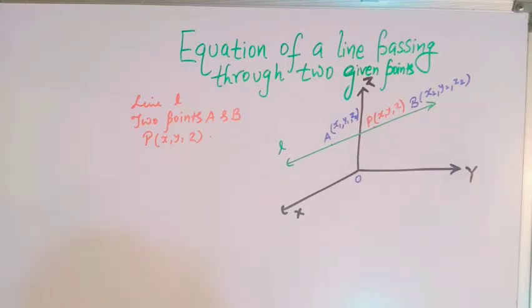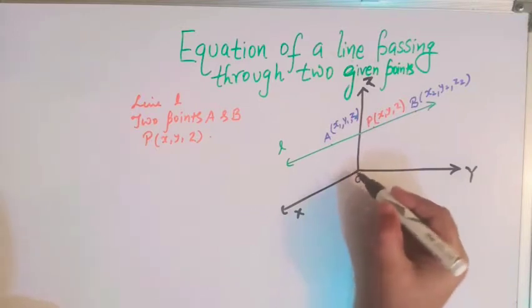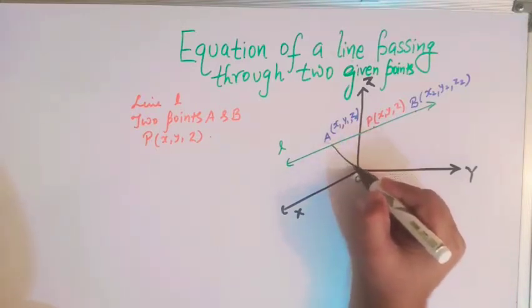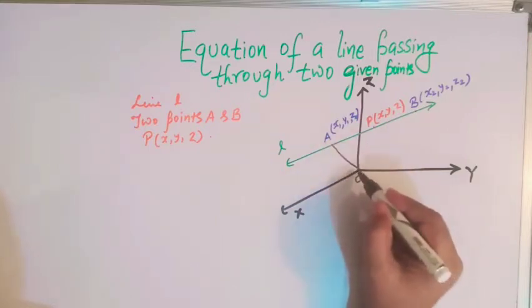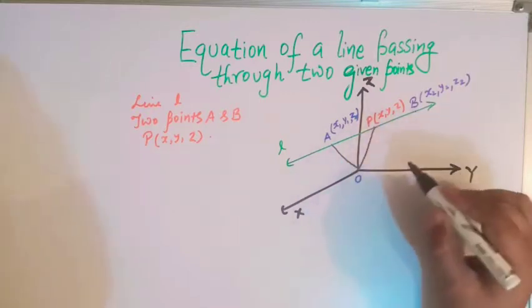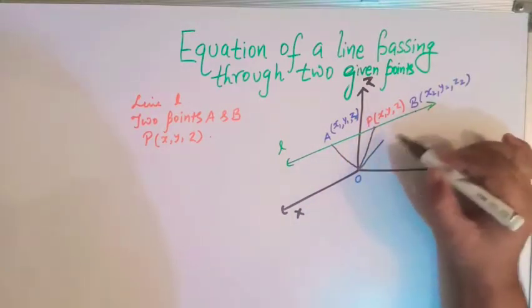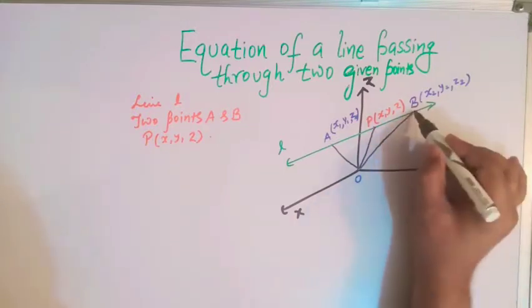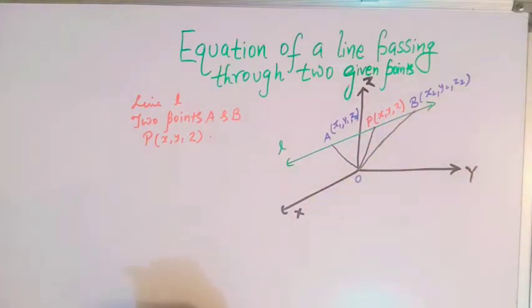Now let us join these points with the point O: suppose we join A with O, similarly we join A with P, and let us join point B with point O, right?